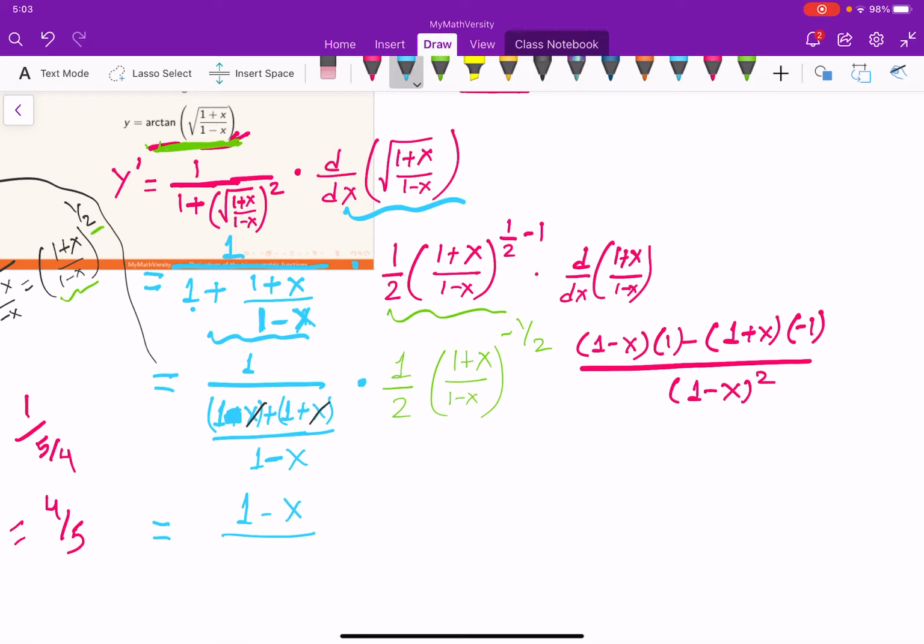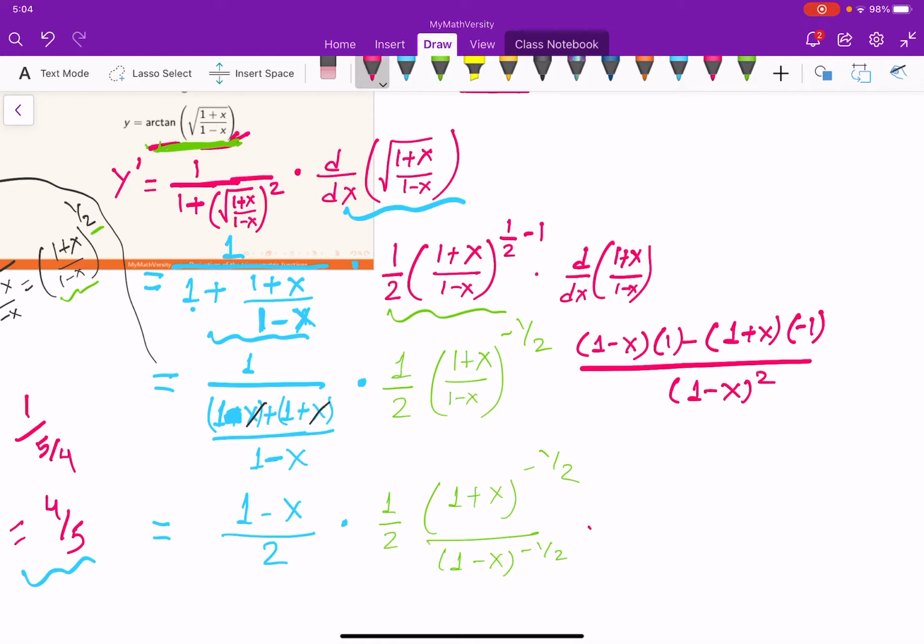So we have actually 1 over 2 over 1 minus x, which by using this concept we can write down as 1 minus x over 2, and then times 1/2 times 1 plus x to the power -1/2. Everything underneath that we can say 1 minus x to the power -1/2.